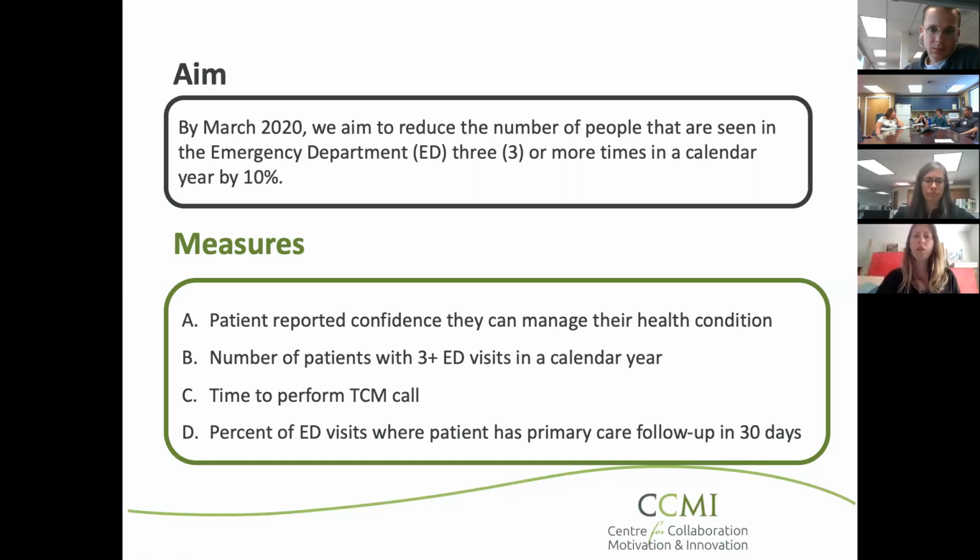So probably just using the chat box, or feel free to unmute yourself. Which one of these measures do you think is the outcome measure? Just using A, B, C, or D. Which one of those is the outcome measure?